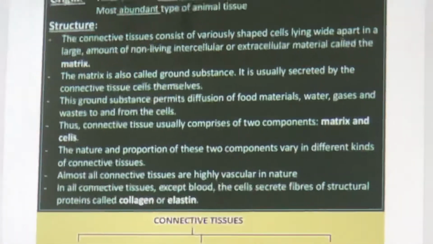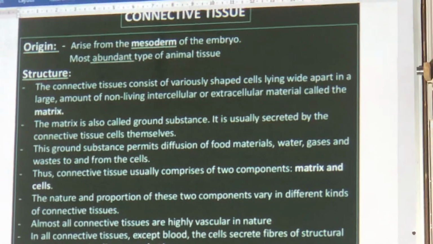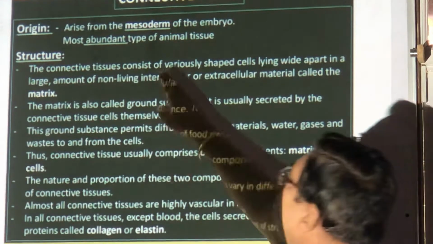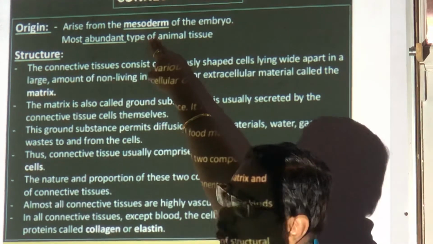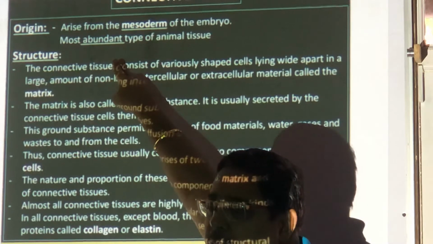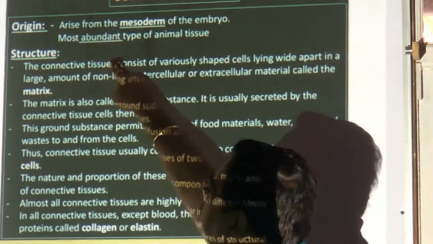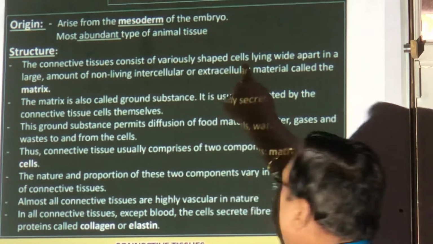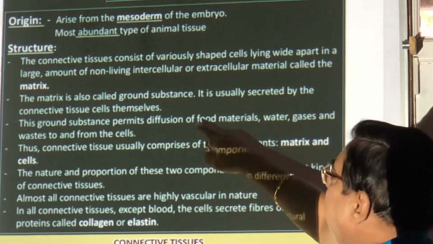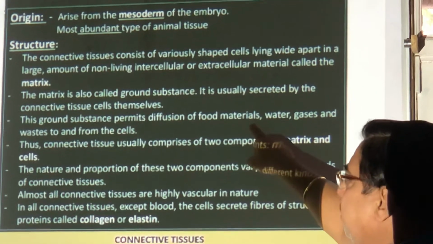Then we will come to connective tissue. By the way, the junctions are only one picture in your textbook. Okay. Connective tissue. They come from mesoderm, not ecto and endo. They are most abundant. Maximum tissue of the body is connective tissue. There are many cells. Okay, there is a matrix background, and this background allows diffusion.